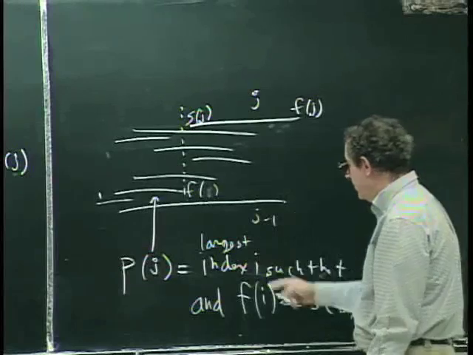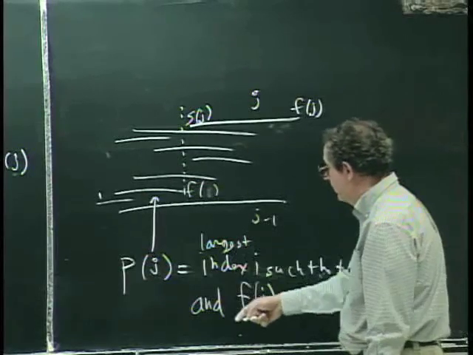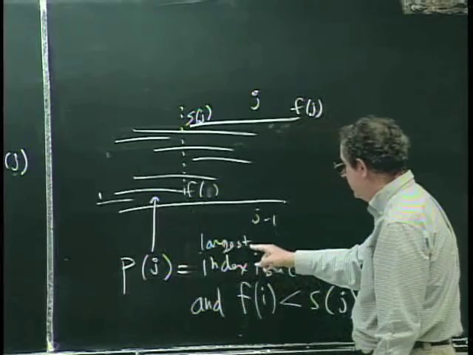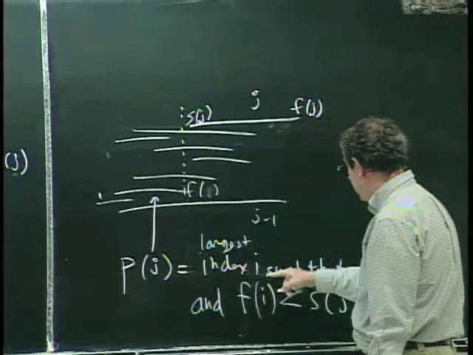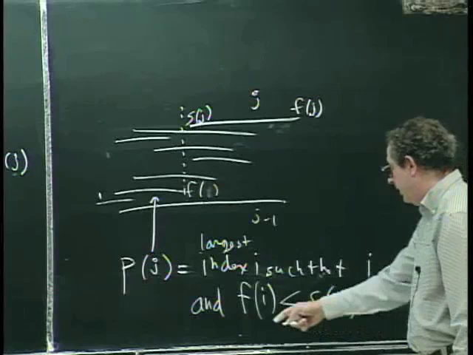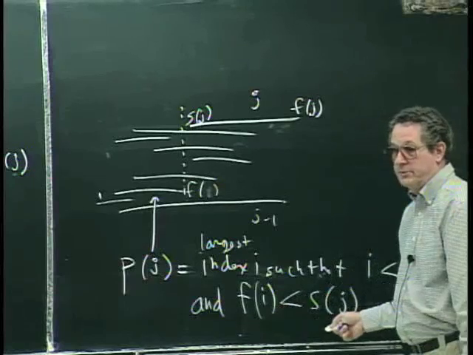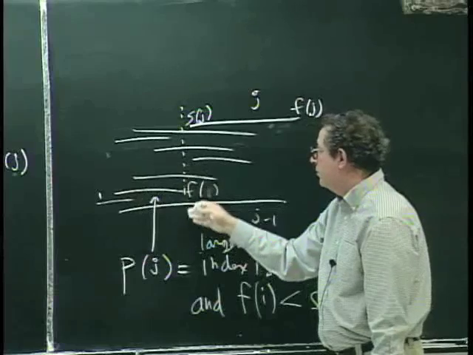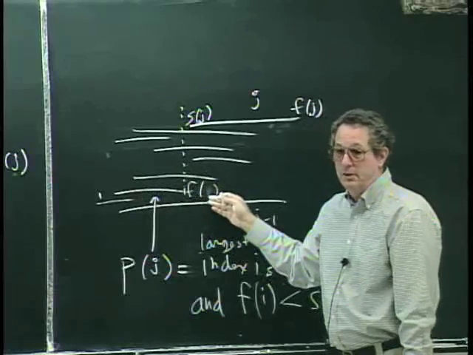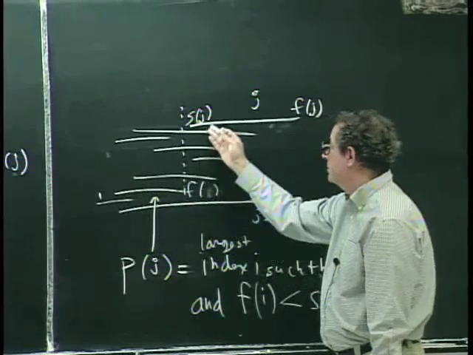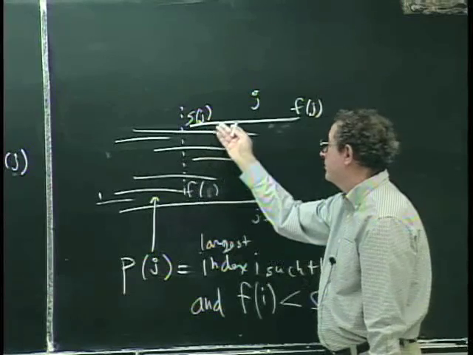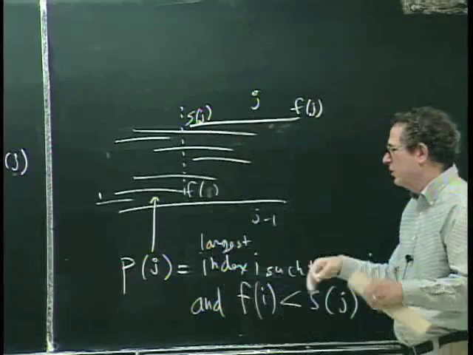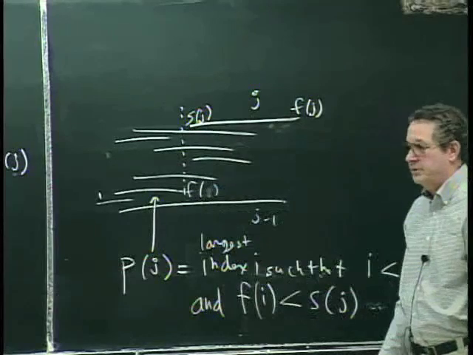So P of j is the largest index i such that i is less than j and the finish time of i is less than the start time of j. It just means that's the interval whose ending point is as far right as possible among all of the intervals that finish before j starts and don't overlap it. So a lot of words for the same thing I put up here in terms of a picture.